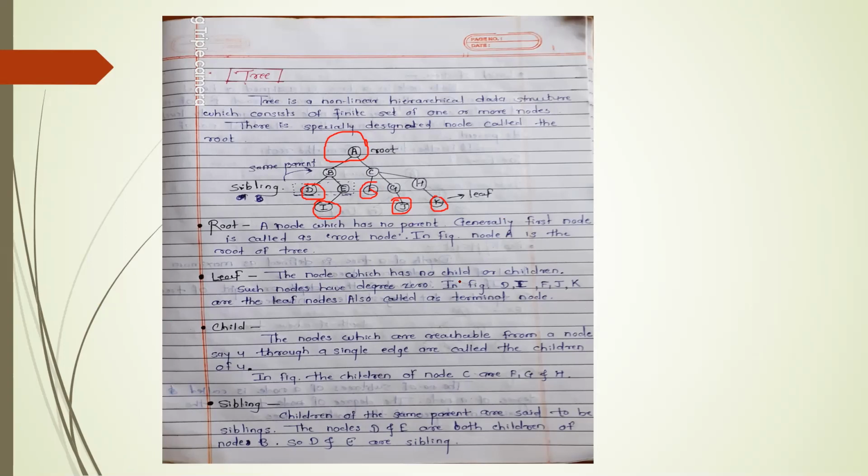Next is child. The nodes which are reachable from a node.